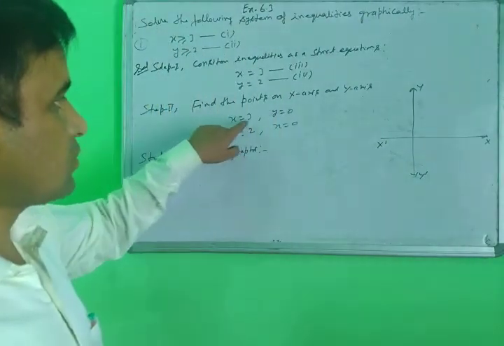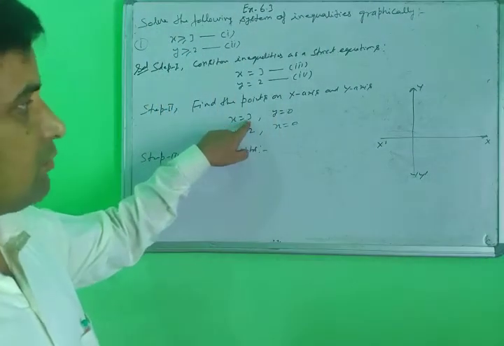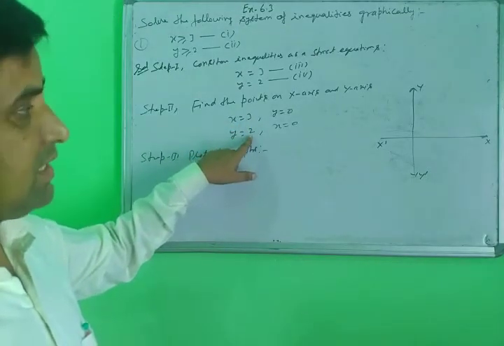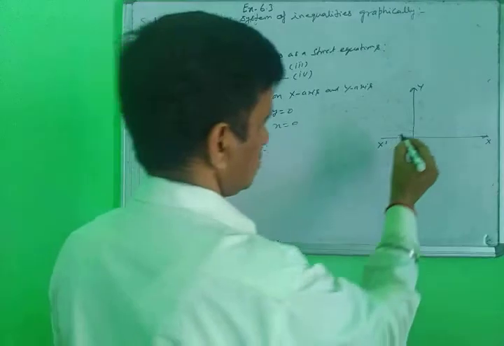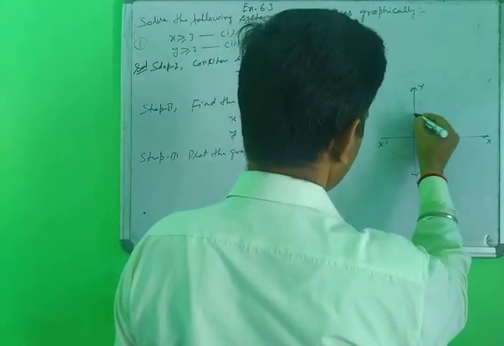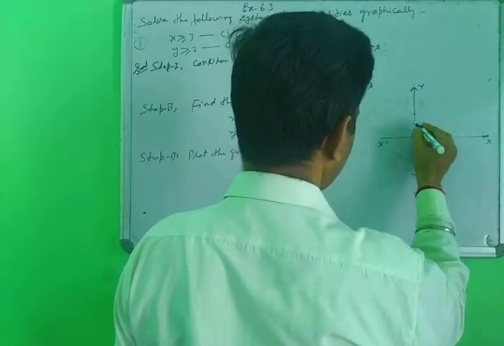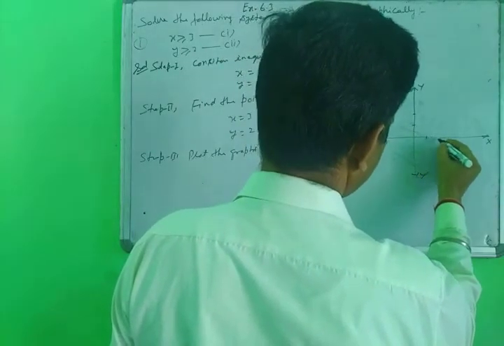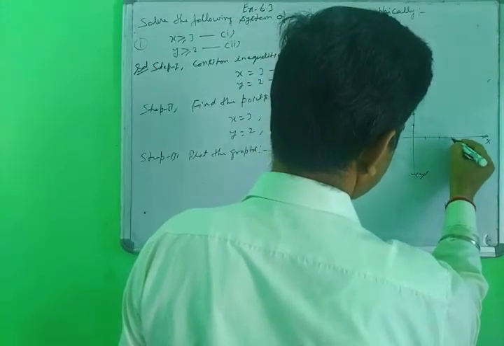The first graph is x equal to 3. This is the graph parallel to the y axis. And y equal to 2 is parallel to the x axis. So suppose here 1 and 2, and here on x 1, 2 and 3.